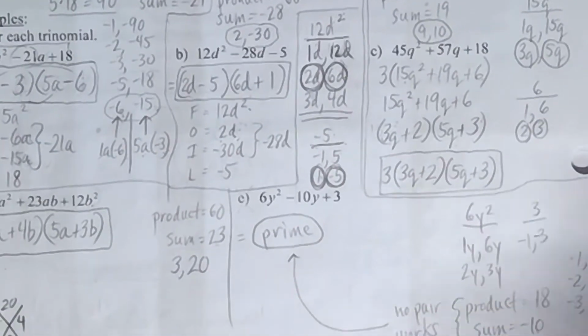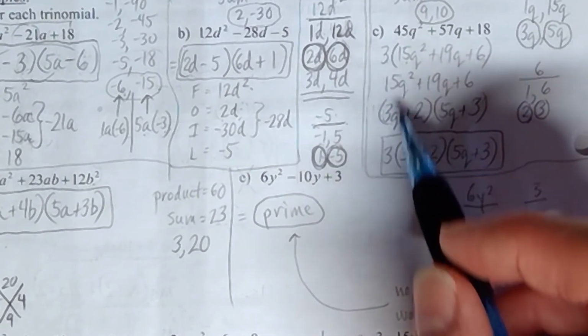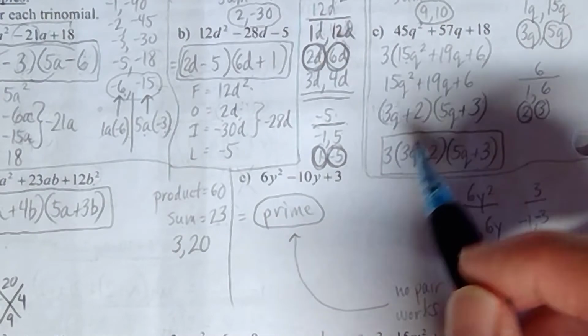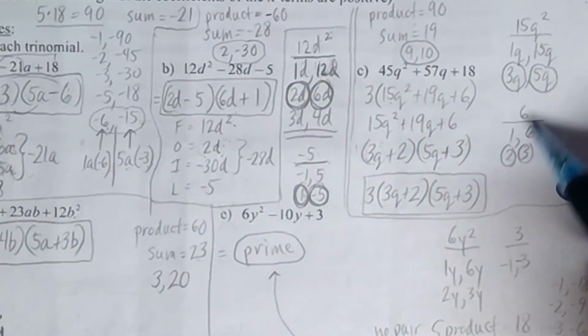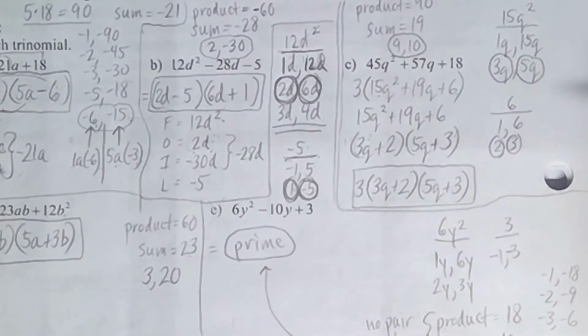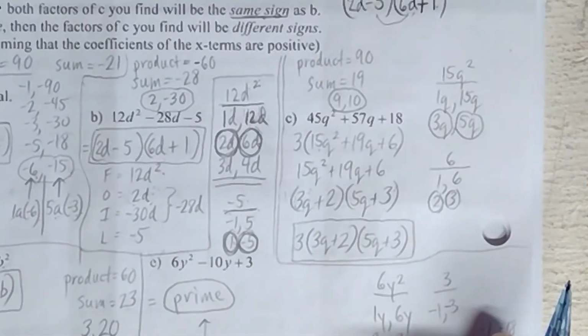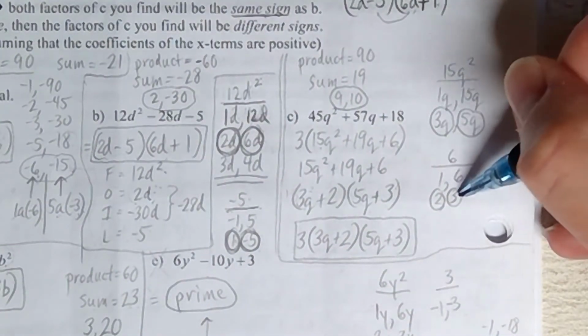Just a couple other notes. When you've got a GCF at the beginning of the problem, again, don't forget to bring it down into the answer. Otherwise, you do the same things that I've been talking about here. See how I identified the different things we're going to use. Since it's 9 and 10, we need to find something that equals 9 when we multiply it.